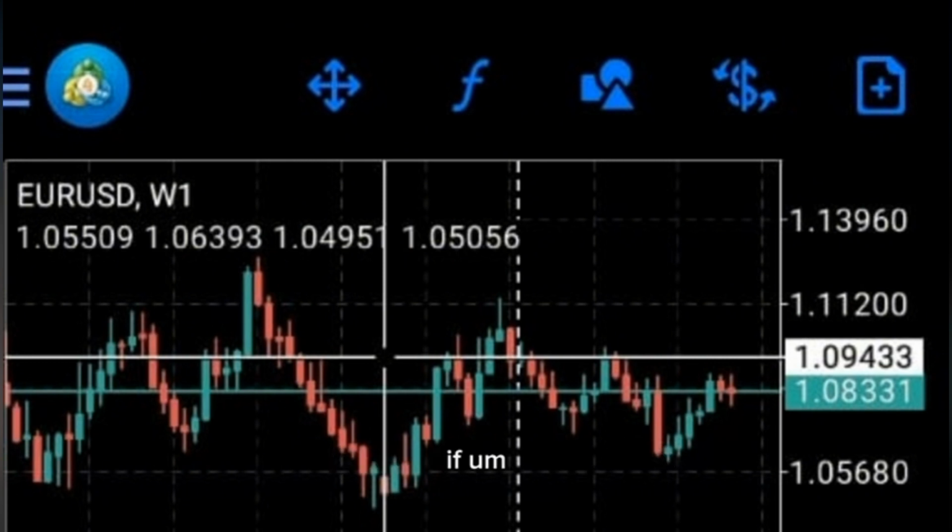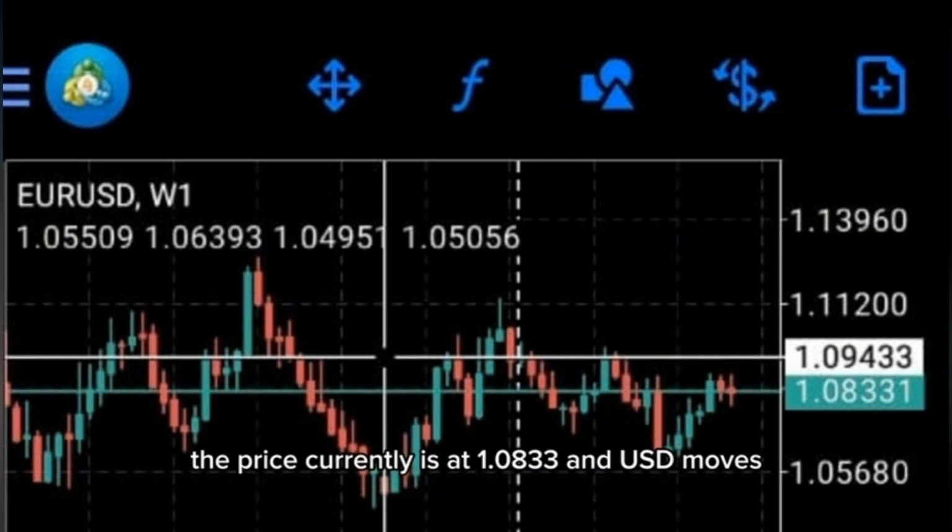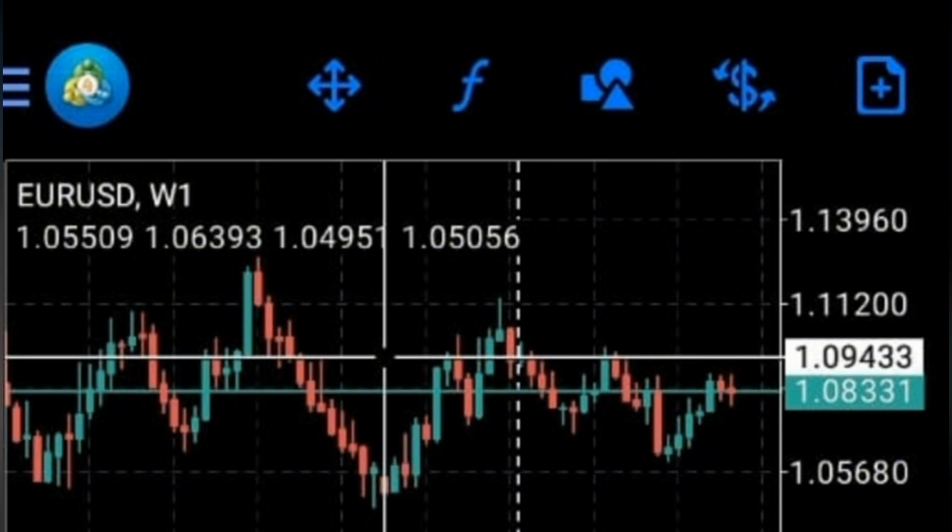So for example, if the price currently is at 1.0833 and Euro USD takes a bullish move upwards, and maybe in 3 hours time it was now trading at 1.0844.